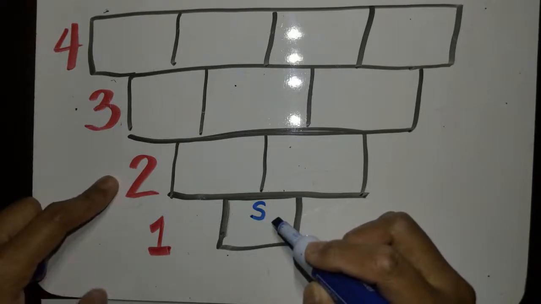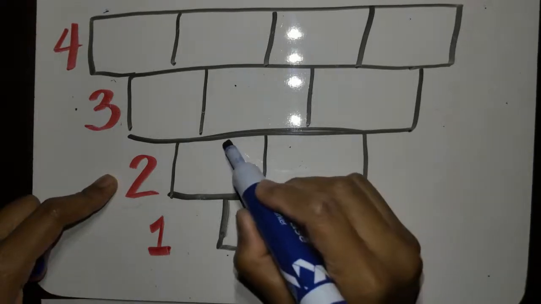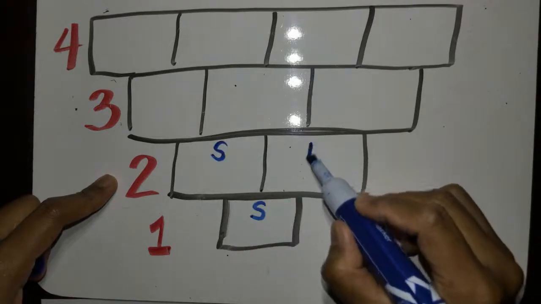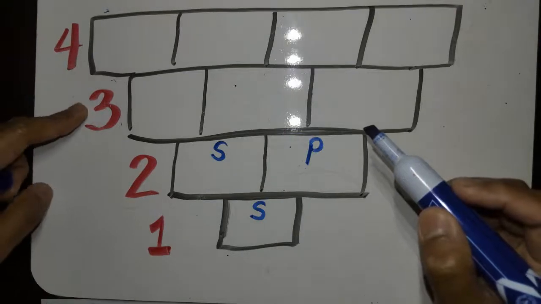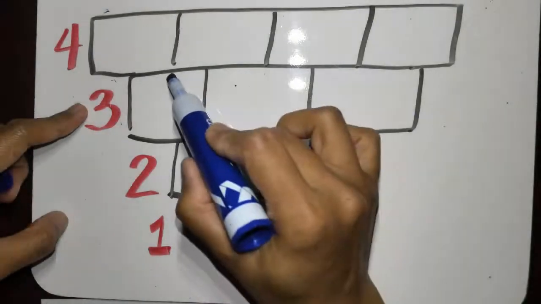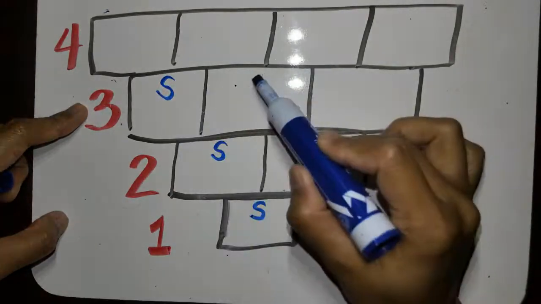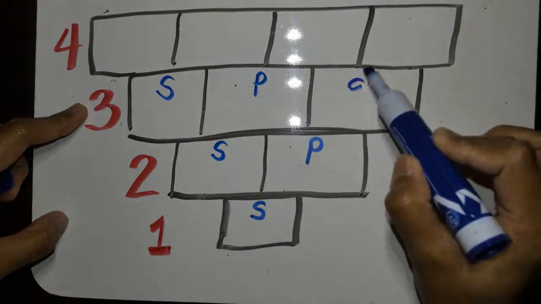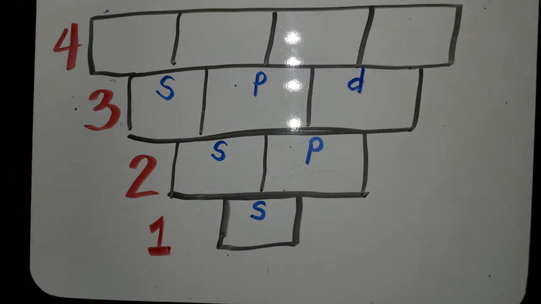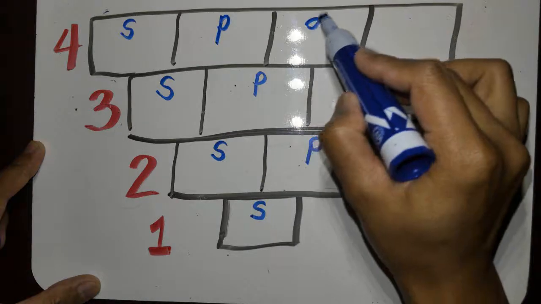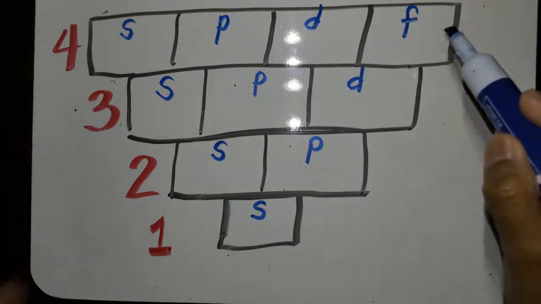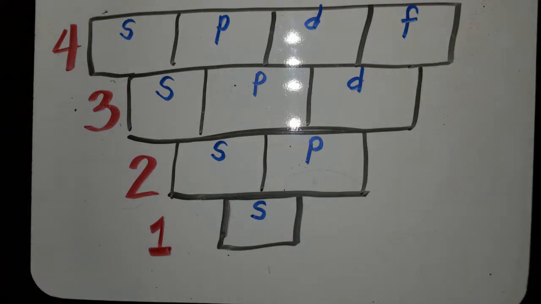When we go to second energy level, it has S and then the second one, P. When we go to the third energy level, it already has 3 types: S, P, and D sub-levels. Then we go to fourth floor, we have S, P, D, and then F. Everything is there starting at fourth floor onwards.